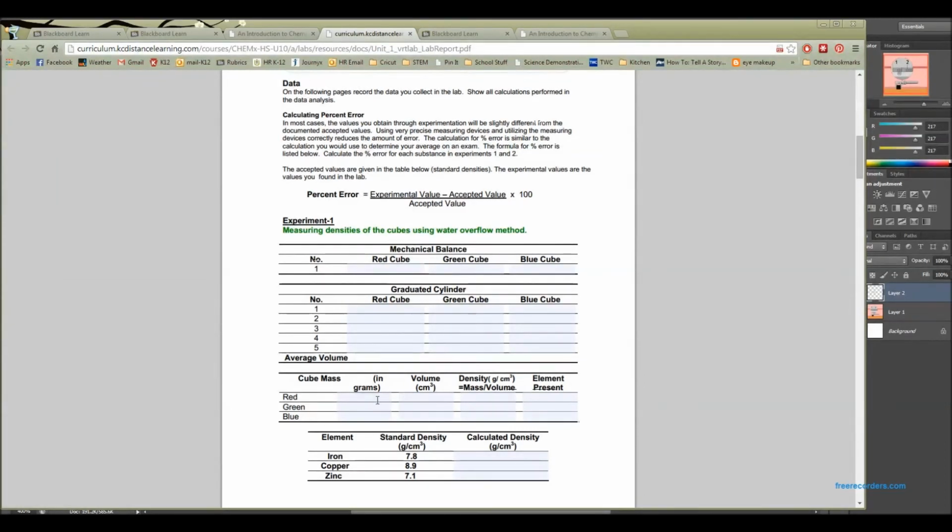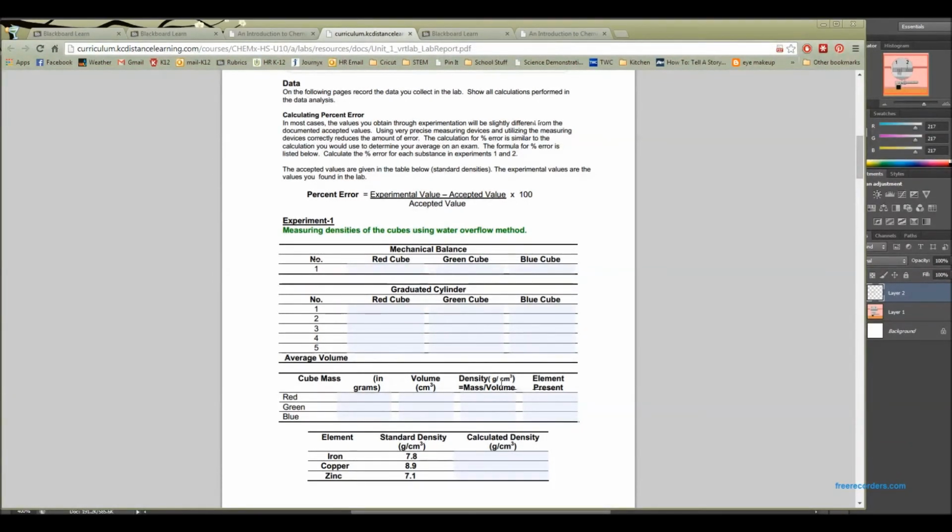Then you are going to do some density calculations. So remember, your volume in cubic centimeters is actually exactly the same as in milliliters. So say you got 2 milliliters displaced, that will be 2 cubic centimeters. If you have 5 milliliters displaced, that's 5 cubic centimeters.